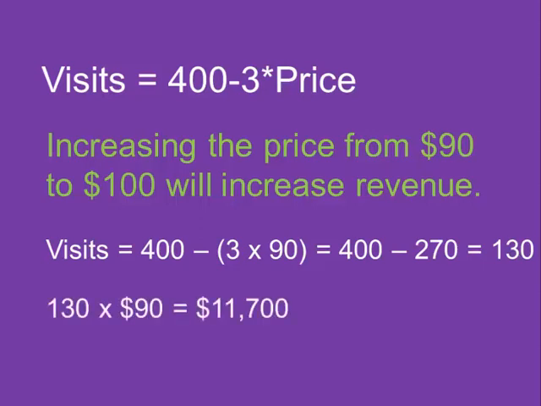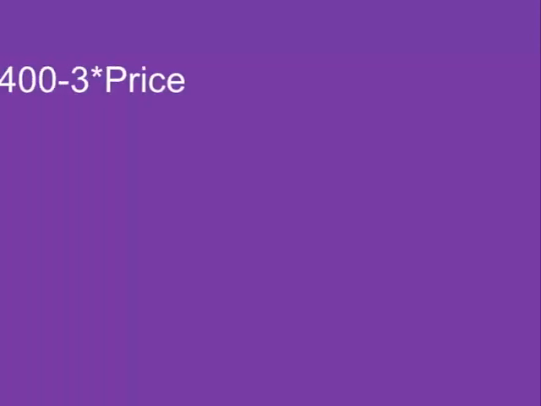So 130 visits times $90 equals $11,700. Now, from the previous example, we already know what the revenue is for $100. If you like, you can run through it, but remember, $100 equaled 100 visits, which equaled $10,000. So increasing the price from 90 to 100 would not increase the revenue. You would actually have a revenue decrease. So you may want to stick with that $90 a visit.